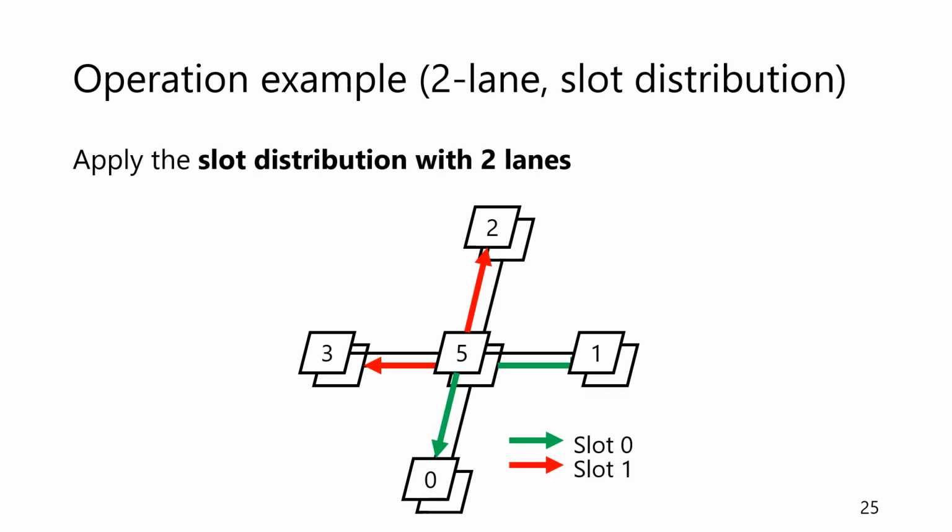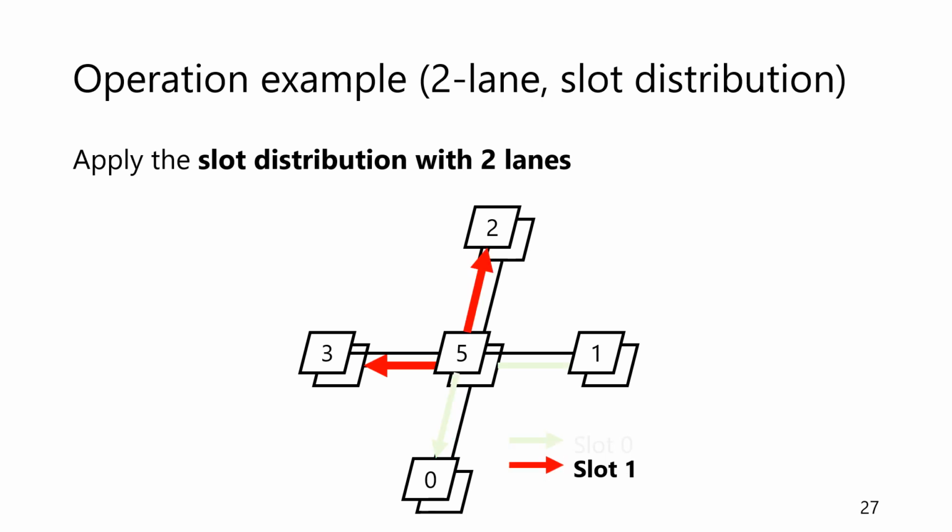This is the case of applying the slot distribution with 2 lanes to the example of 1 lane. In slot 0, packets are transferred from node 5 to node 0 with the upper lane, and from node 5 to node 1 with the lower lane.